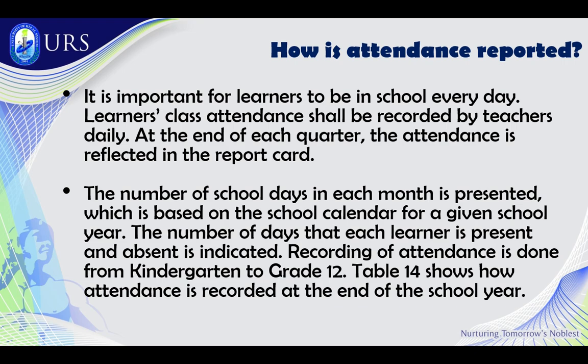So, the number of school days in each month is represented, which is based on the school calendar for a given school year. So, pag kunyari, ang February po is 28 days. Tapos sa baba po nun, makikita po kung ilang days po pumasok yung bata.